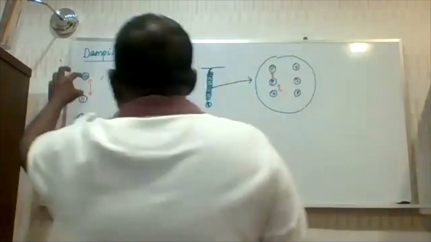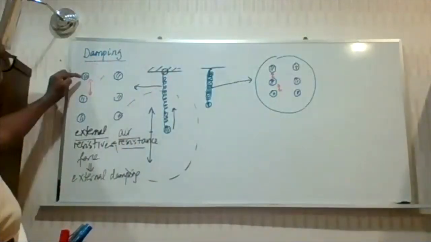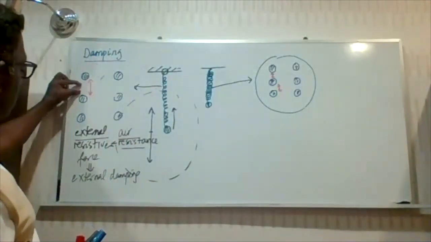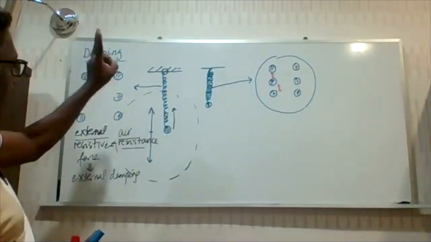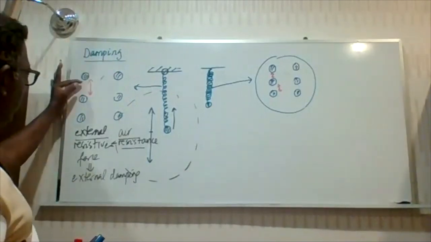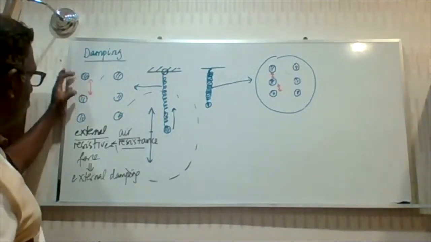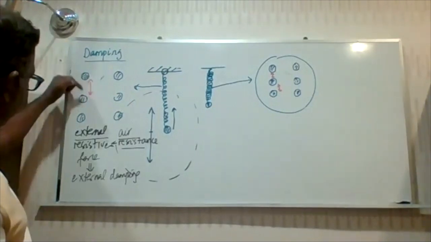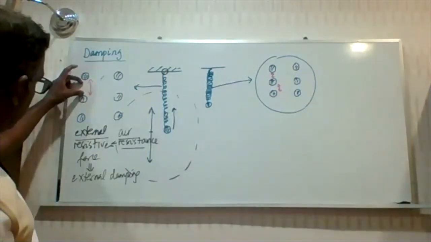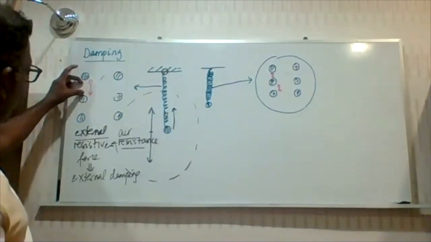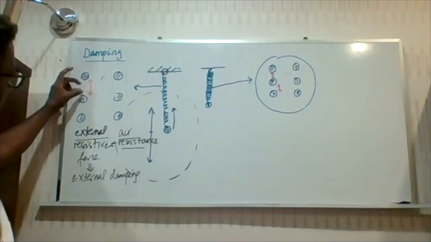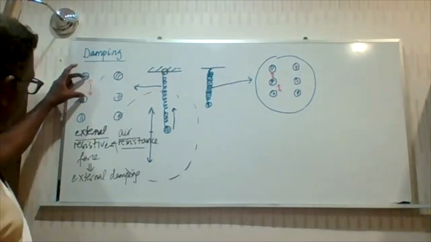So now, remember, in a solid, there are two types of forces between the particles. One, repulsive force. The other one, attractive force. So the attractive force attracts the two particles and brings them closer. But the repulsive force will not allow them to be too close. And when they are too close, it pushes them back.